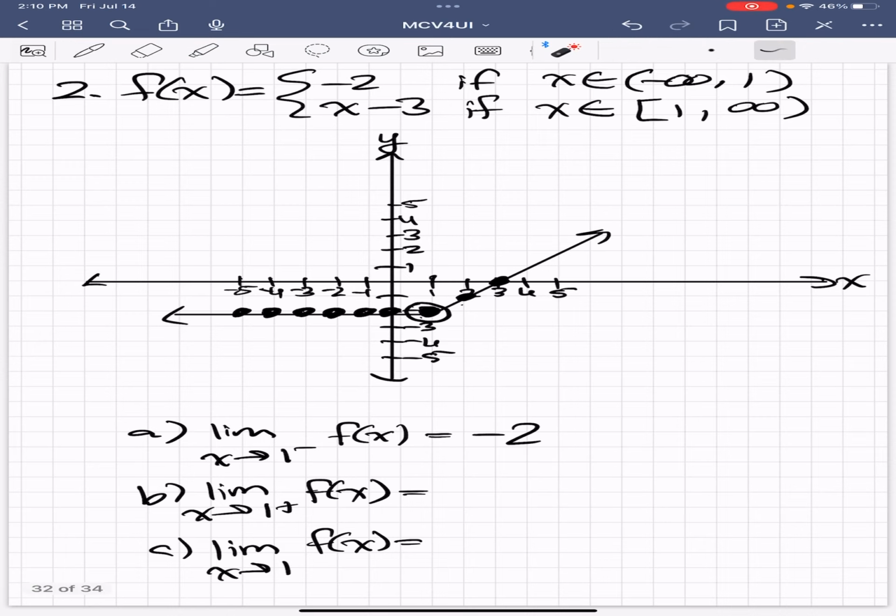For the values after, it is approaching -2. And because the left side limit equals the right side limit, the limit is -2. If they were different, then it would not exist. But they're the same. So the limit as x approaches 1, f of x equals -2.